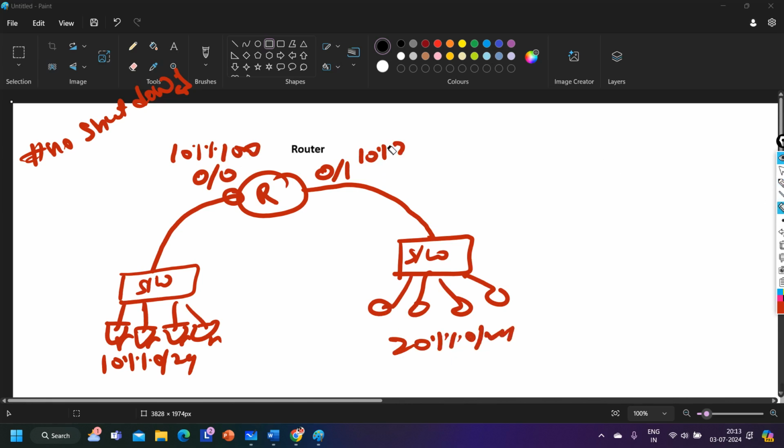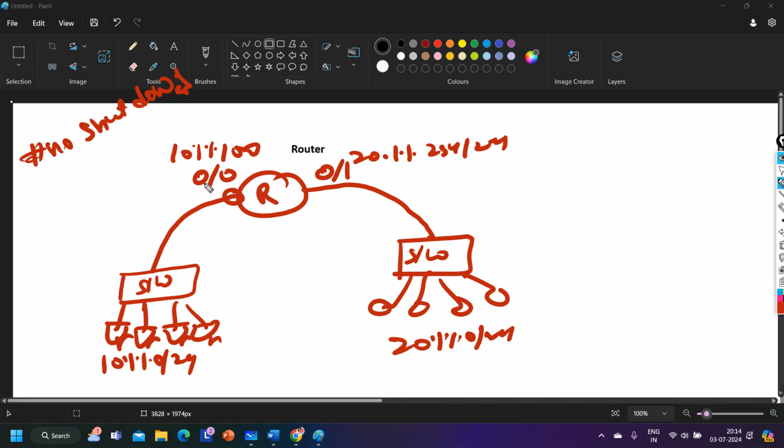So here the IP address is going to be 20.1.1.254/24. You know what you did on the router, guys? First you brought up the port, then you configured the IP address.